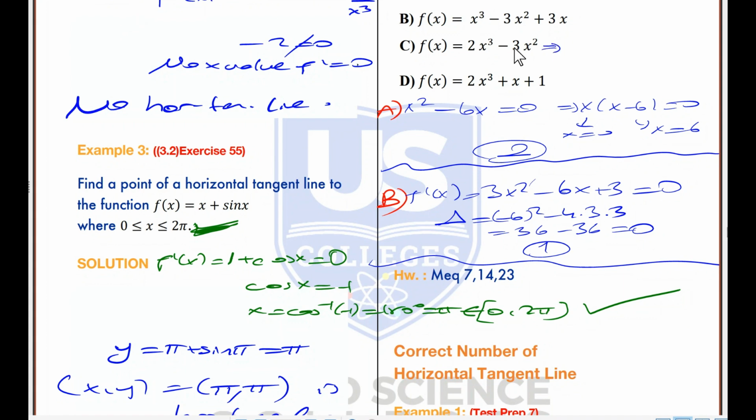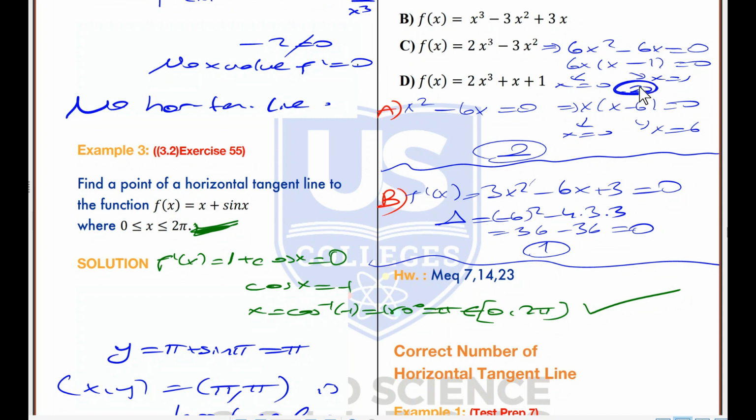Option C, the derivative is 3 times 2, 6x squared minus 3 by 2, 6x. We have horizontal tangent lines here. When I take 6x as a common factor, x remains here, 1 remains here. So x equals 1 and x equals 0 are horizontal tangent lines.